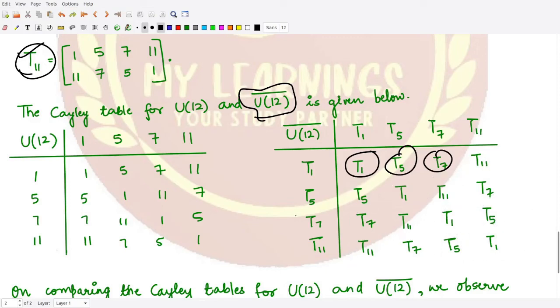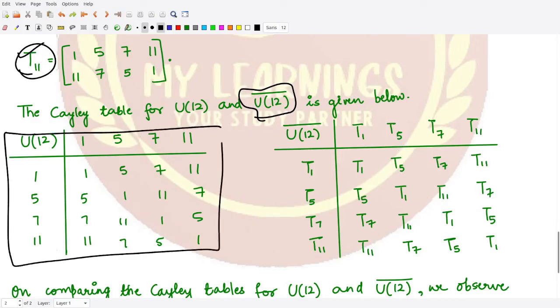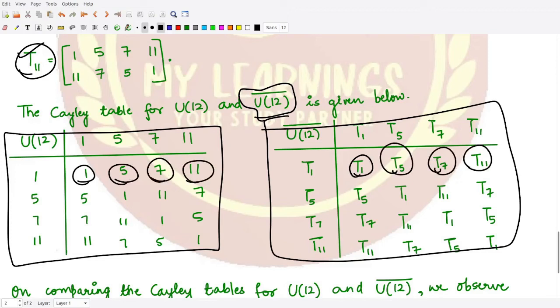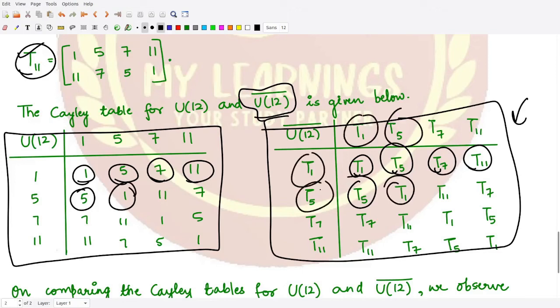Now you can compare the Cayley table for U12 and the Cayley table for U12 bar. You can see we have 1 here and T1 here, 5 here and T5 here, 7 here and T7 here, 11 here and T11 here, then 5 here, T5 here, 1 here, T1 here. All the elements are obtained by multiplying these entries and then taking mod 12.